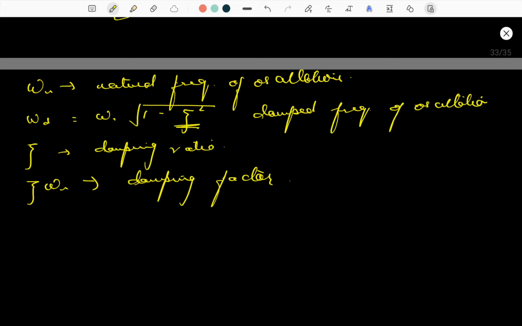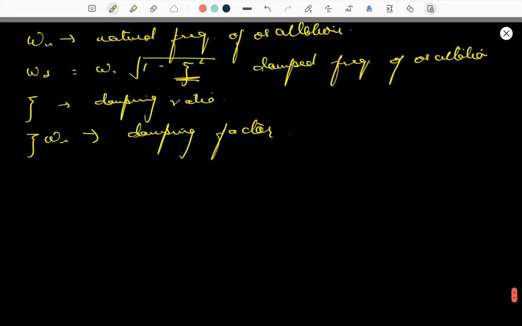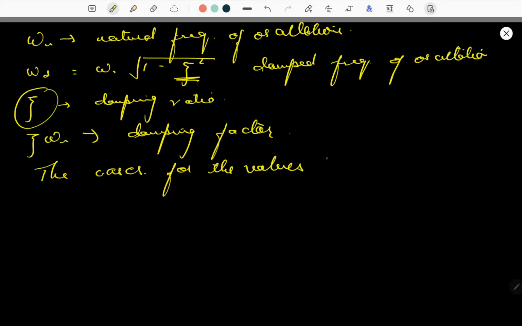So the main thing we are going to look into is that the time response of the second order control system, which is given by c(t) in the above expression, is influenced by its damping ratio zeta. So we are getting different cases for the values of damping ratio zeta.